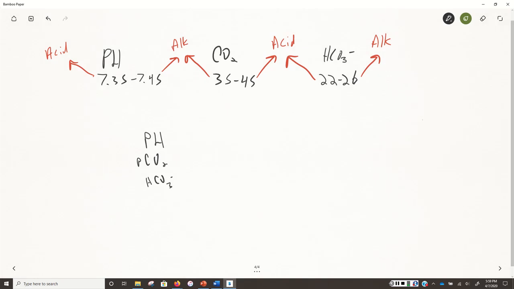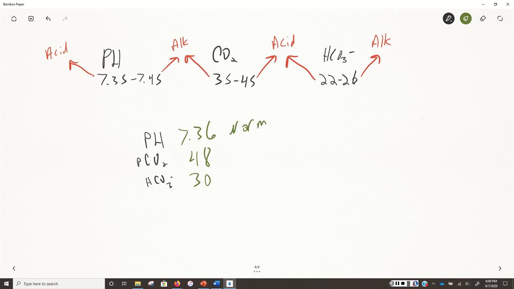And one final, pH 7.36, CO2 48, bicarb 30. Try this one on your own. We see 7.36. Look up here, that's normal. So we can stop there, right? pH is normal, so everything's dandy.